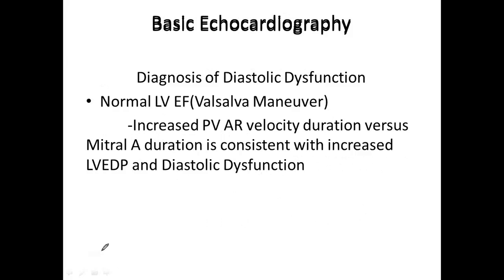Remember, when you have your pulmonary vein flow, you have your systolic component, and then you have your diastolic component, and you have your atrial flow reversal. That is why you guys need to constantly review these things.